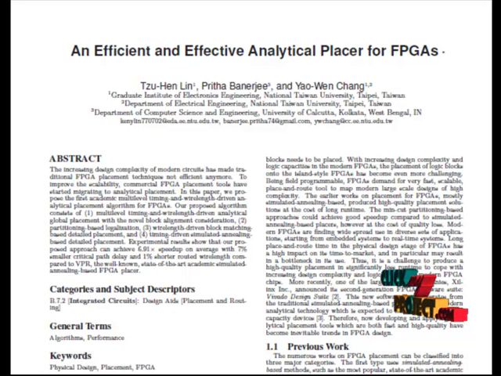These population-based schemes have been applied to solve placement problems. Swarm intelligence has been applied for digital circuit placement in the FPGA platform, where the PSO optimization algorithm has been used for optimized placement.